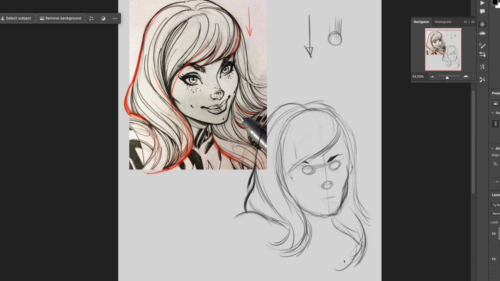If her shoulder is here and there's a lot of mass to it, then it will probably fall something like that. Okay, and then of course it's going to flow around like that.